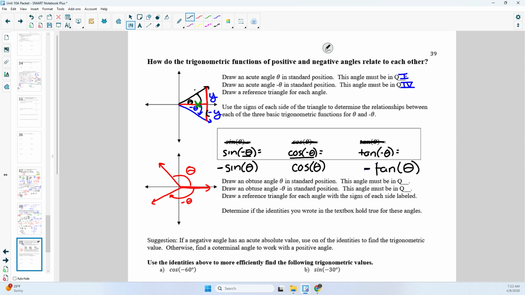Now we're in quadrants 2 and 3, which is where my angles are: the positive one has to be in quadrant 2, and the negative one is in quadrant 3. If I drew my triangles, they do not look quite as symmetric, but you can imagine that they're the same angle.